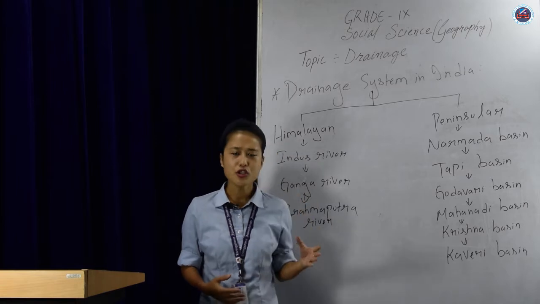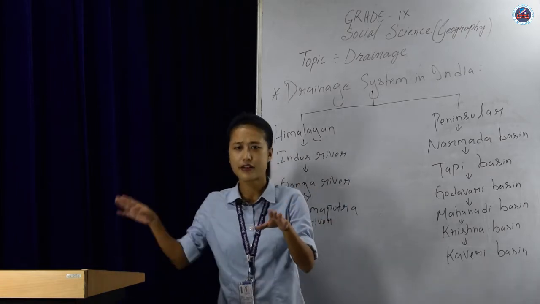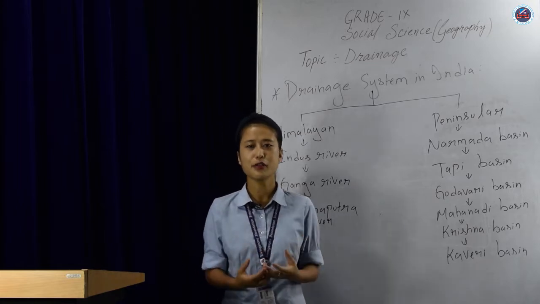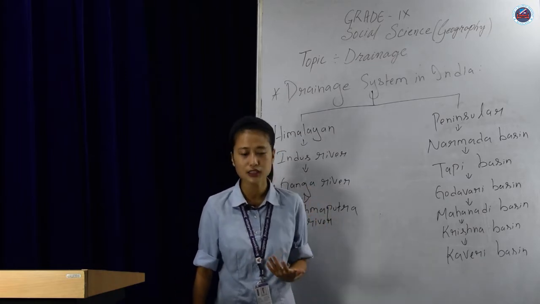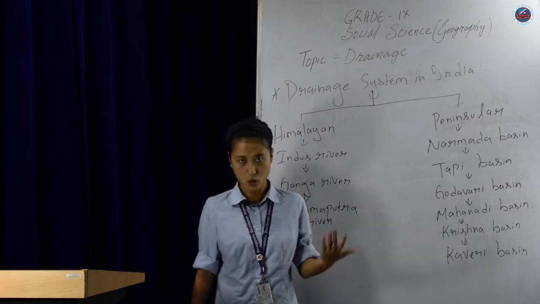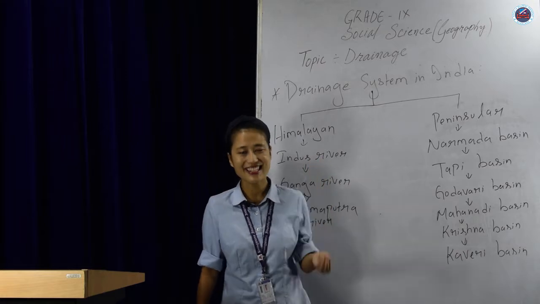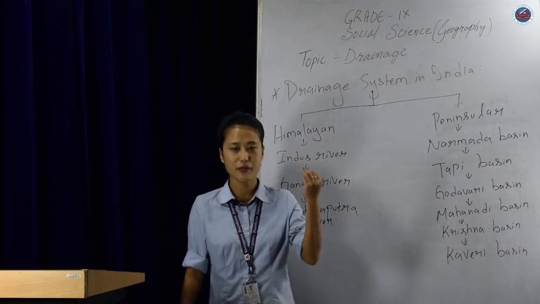Small streams or rivers flowing from different directions come together to form the main river, which ultimately drains into a large water body such as a lake, sea, or an ocean. The area that is drained by a single river system is called a drainage basin.